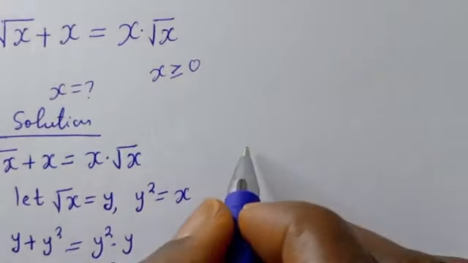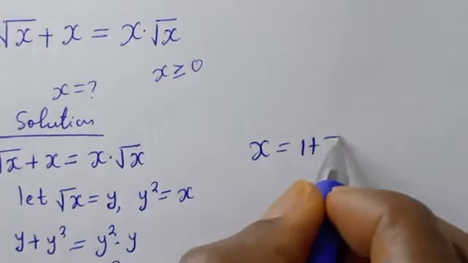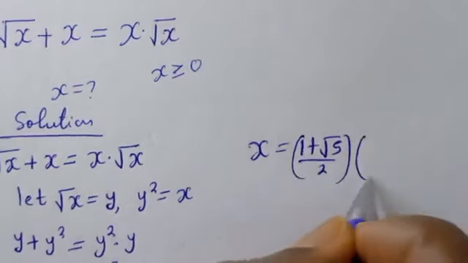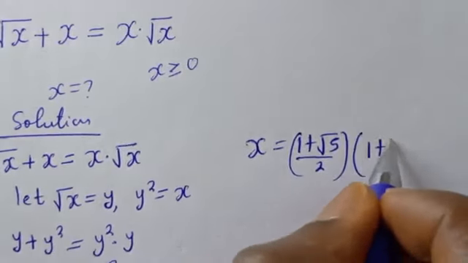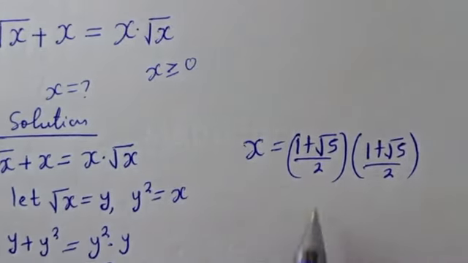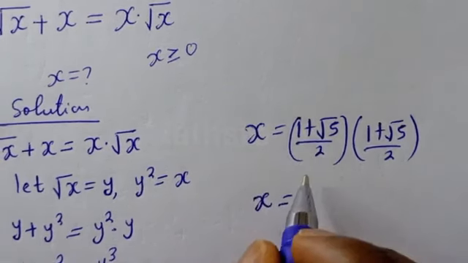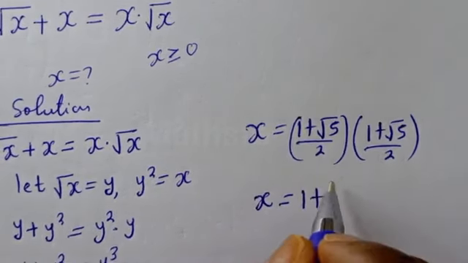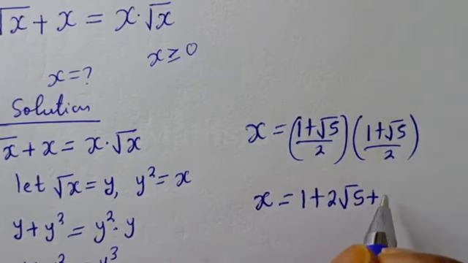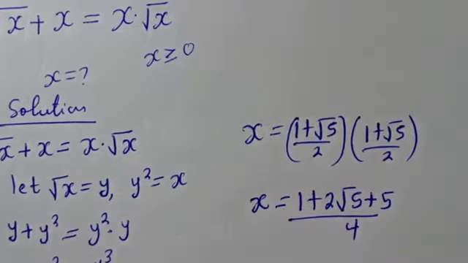Then s is equal to 1 plus root 5 over 2 multiplied by 1 plus root 5 over 2. Then s is equal to 1 plus 2 root 5 plus 5 over 4.